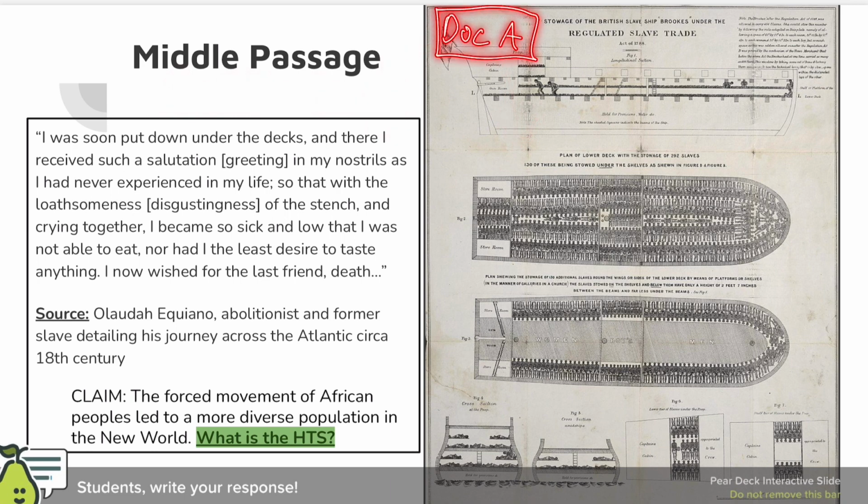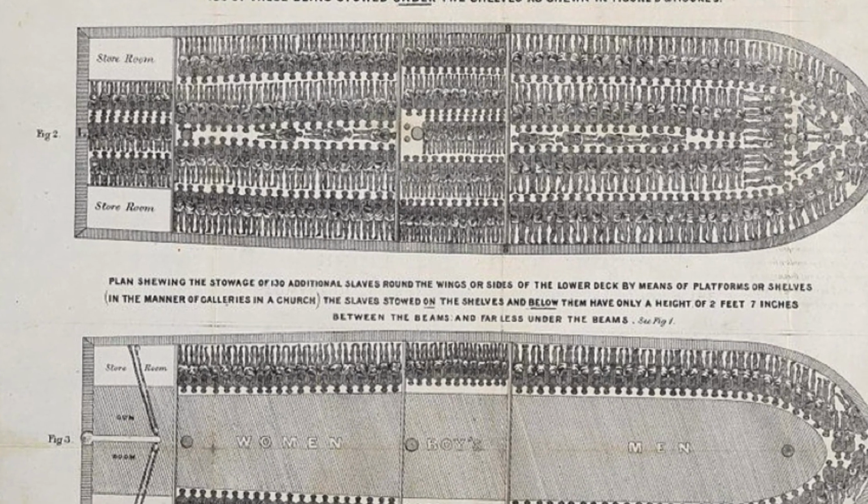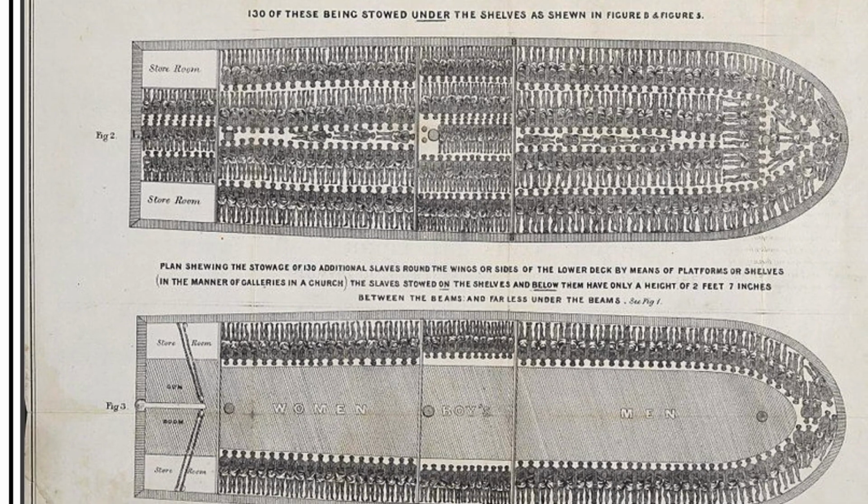So here in this source, let's call this source A, right? It has the label of slave trade, regulated slave trade, and it shows a boat and people in that boat or that ship. And look at how closely packed together they are. Okay, so they're packed very close together. Not a lot of room, not very hygienic, right?